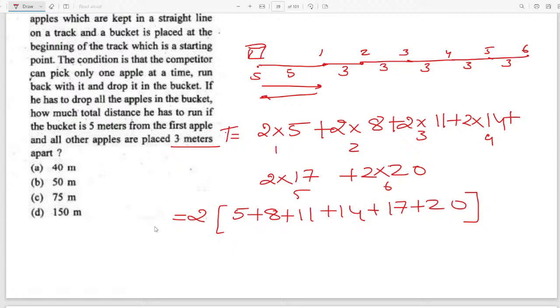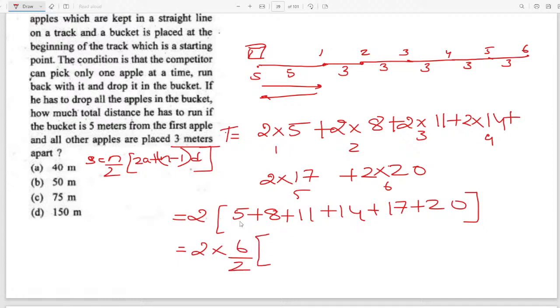The difference is the same, so you can use the sum formula, which is n by 2 into 2a plus n minus 1 into d. So the sum is n by 2. N is 6. 6 by 2 into 2a.